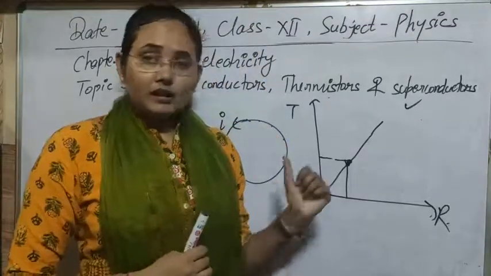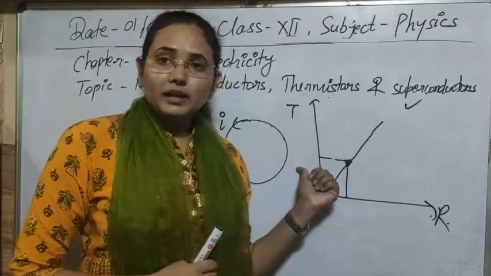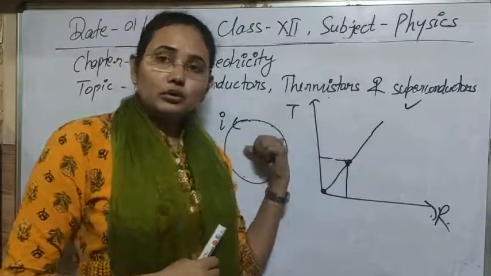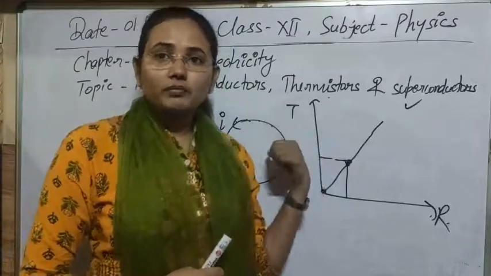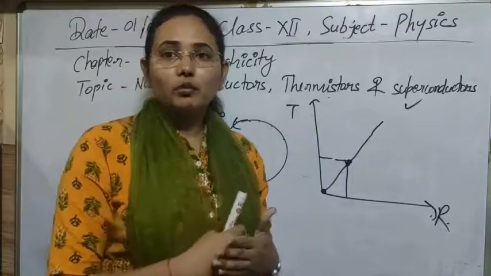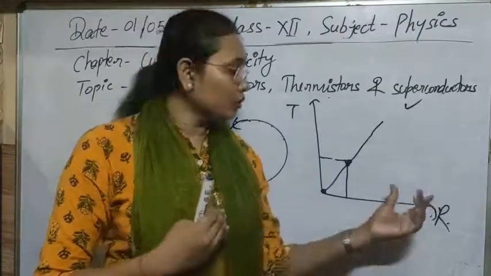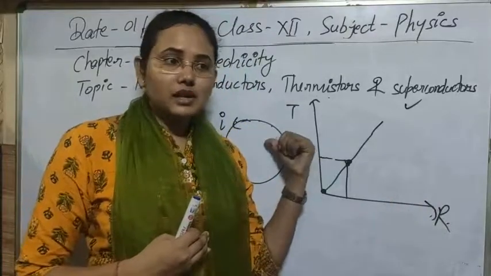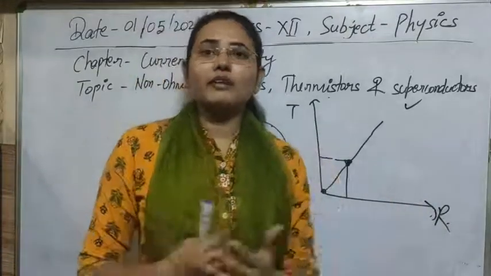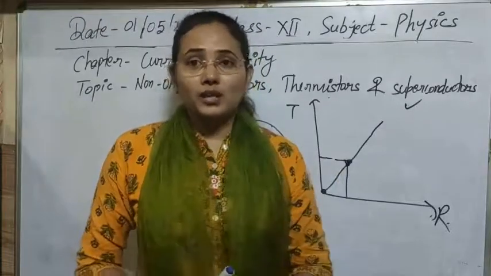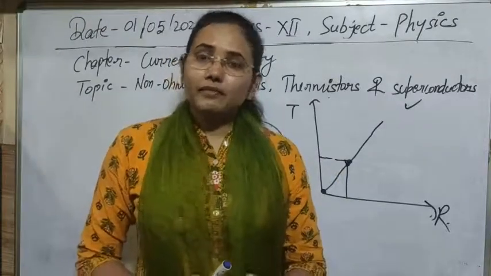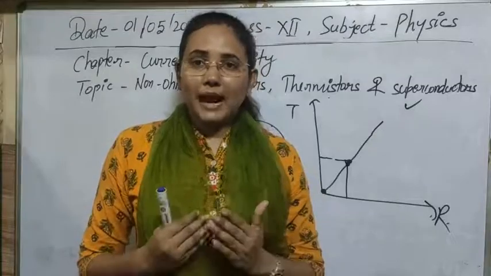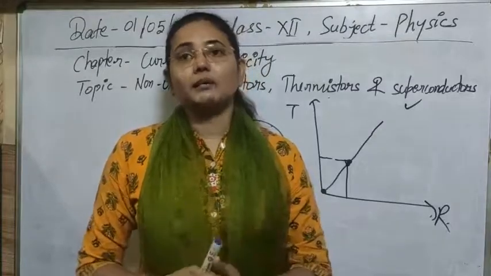If it is made of a superconductor, then due to the orderly arrangement and orderly movement of the electrons, due to dependent movement, due to zero resistance, this current will start to flow for several weeks without any change.